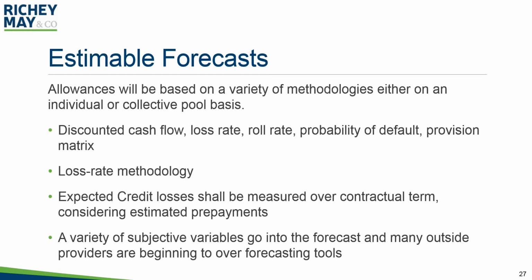There's just a lot of variables that are subjective that go into these forecasting, and I know there's a lot of outside providers right now that are providing forecasting models for clients that don't have the capability to come up with these forecasts internally. They have a lot of outside data that will help to determine what your loan loss reserve would be. So that's definitely something that I think our clients should consider using.